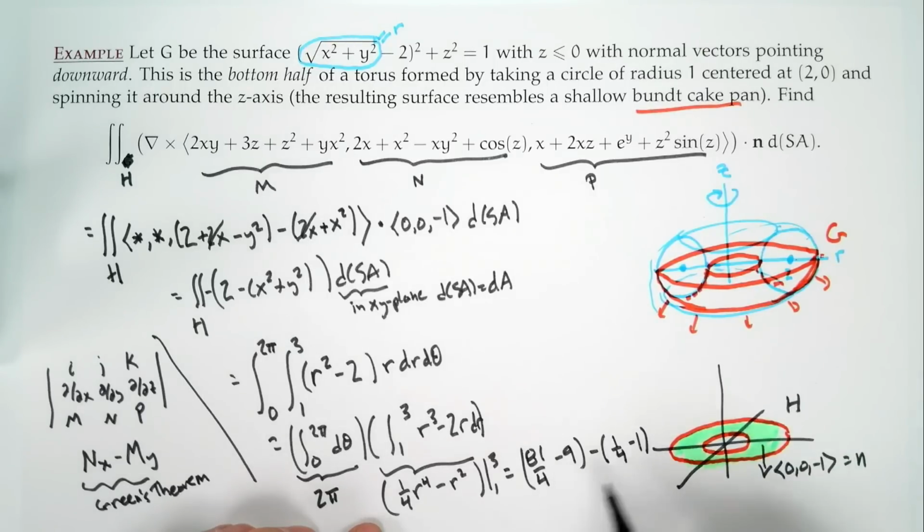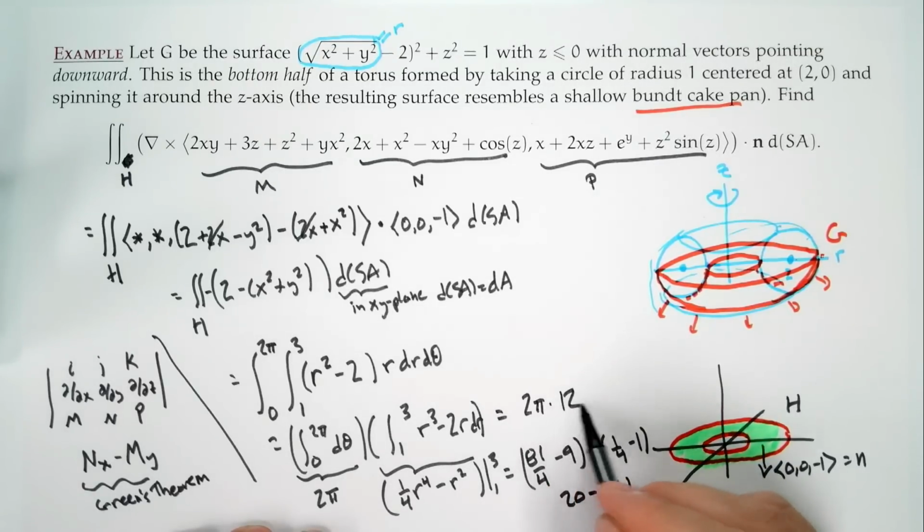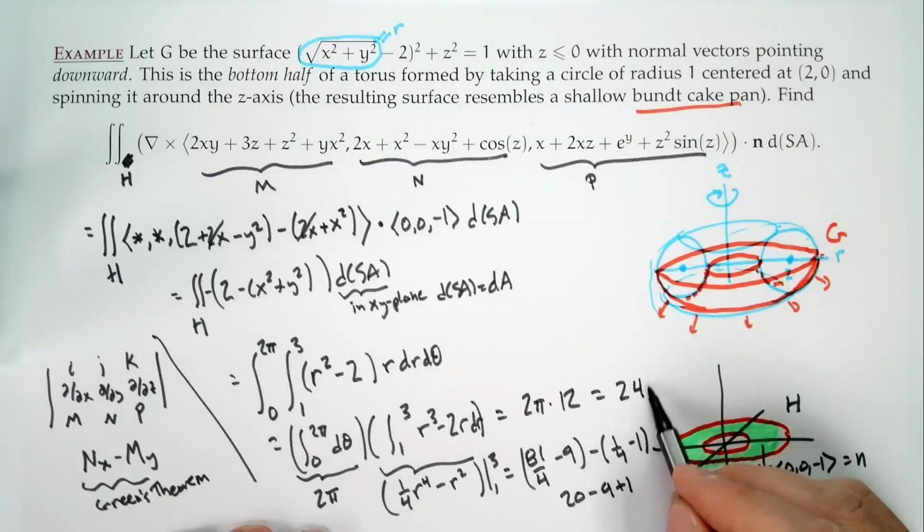Now 81/4 minus 1/4 is 80/4, also known as 20, minus 9 plus 1. We get 20 minus 9 is 11, plus 1 is 12. And remember, there's the 2 pi. So we end up with 2 pi times 12, also known as 24 pi.